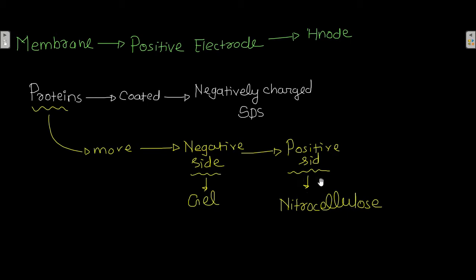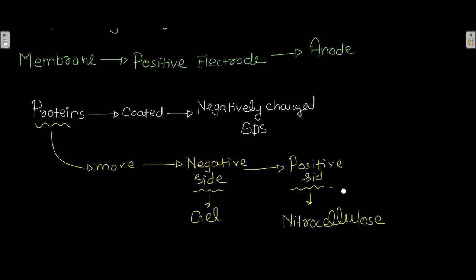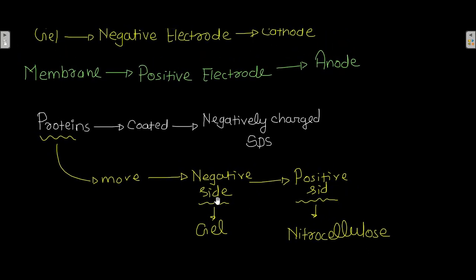This is our aim, to transfer the proteins from the gel onto the nitrocellulose membrane. You achieve this by placing the gel at the cathode and the nitrocellulose at the anode, so that the negatively charged proteins can move from the gel to the nitrocellulose membrane.